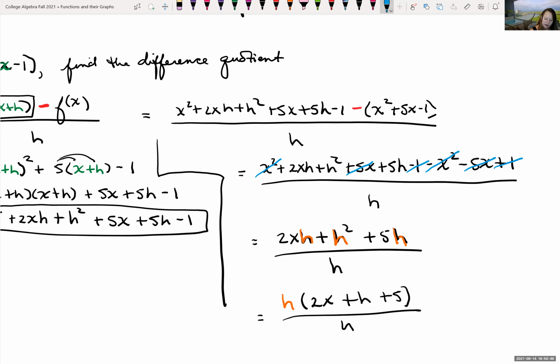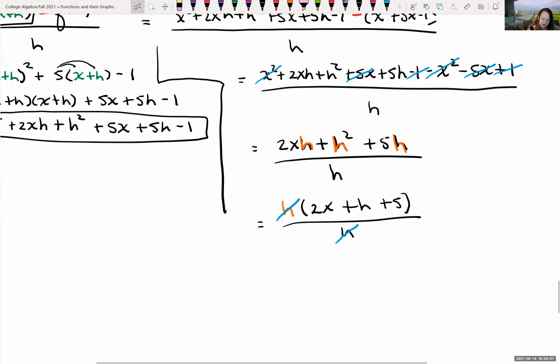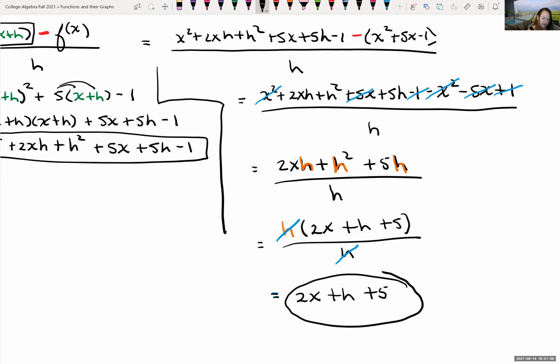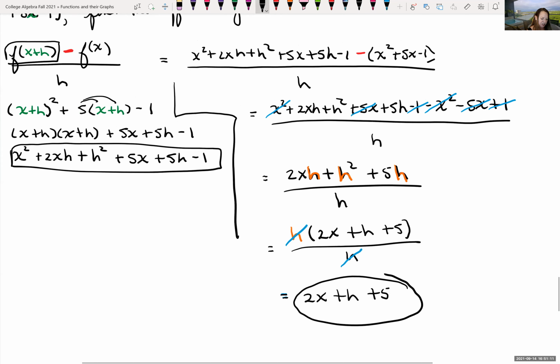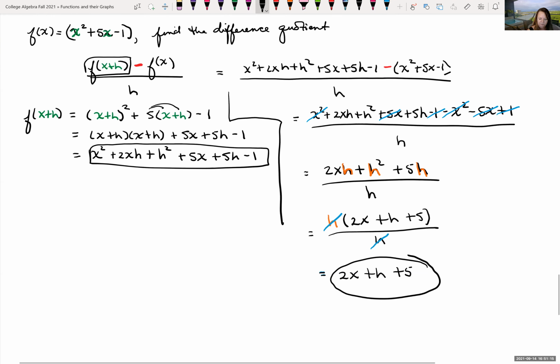And so now we can simplify, the h's cancel, and we're left with 2x plus h plus 5. And that is the difference quotient of the function x squared plus 5x minus 1.